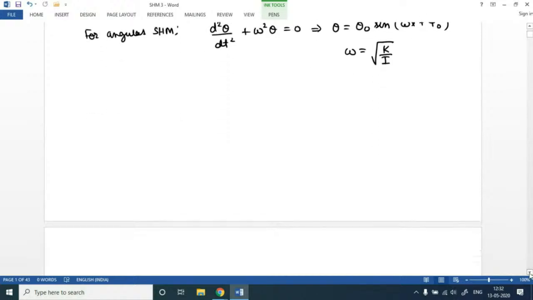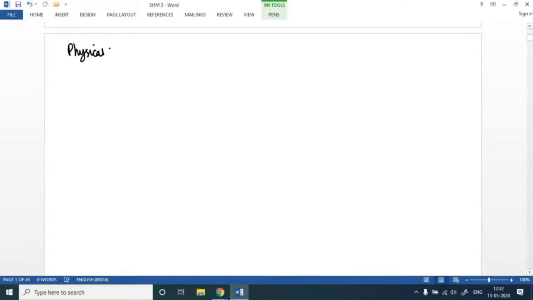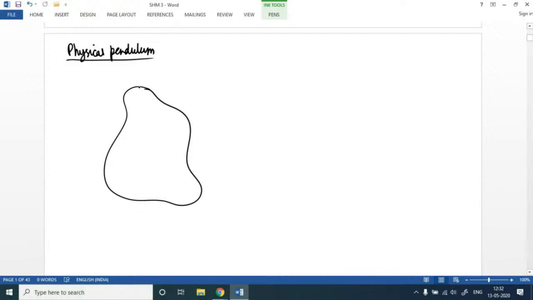The best example of angular SHM is the physical pendulum. Let's say we have a rigid body suspended from point P in a vertical plane, hanging under the influence of gravity. Let's draw a vertical line passing through the point of suspension.